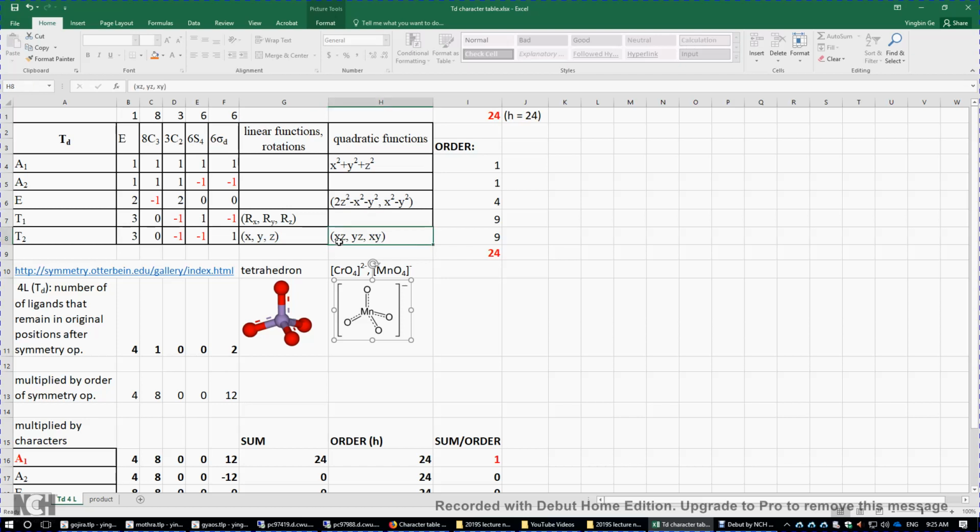And then dxz, dyz, dxy will interact with the 4 ligands and become anti-bonding orbitals. The lone pair electrons of the 4 ligands will become bonding molecular orbitals. So you have bonding molecular orbitals, you have anti-bonding molecular orbitals.